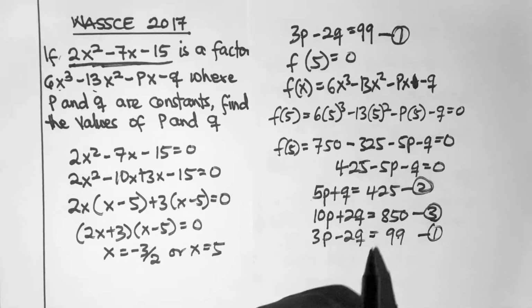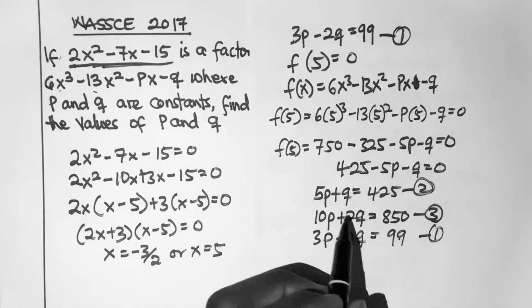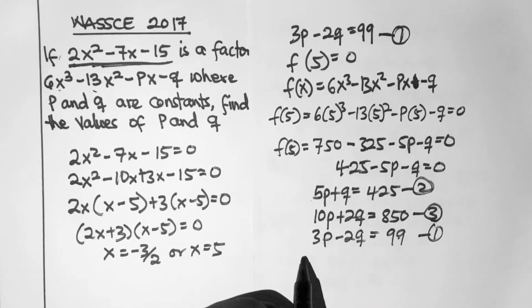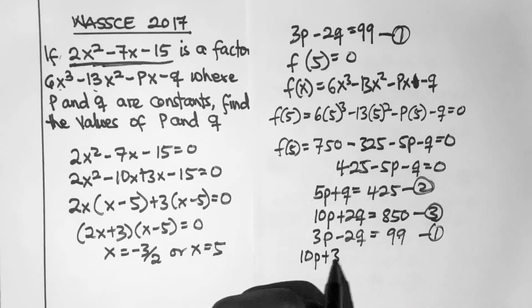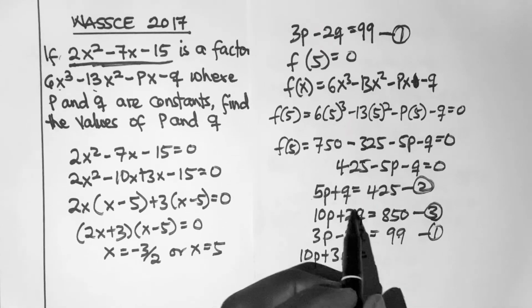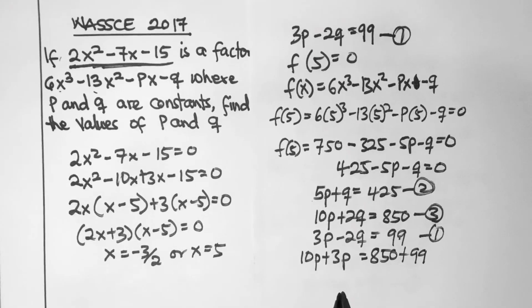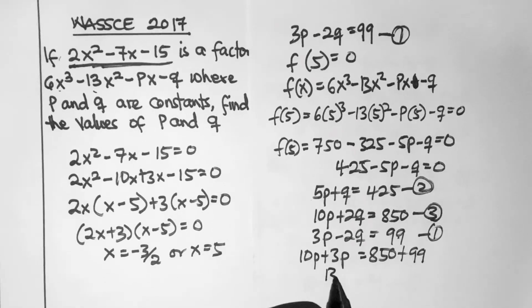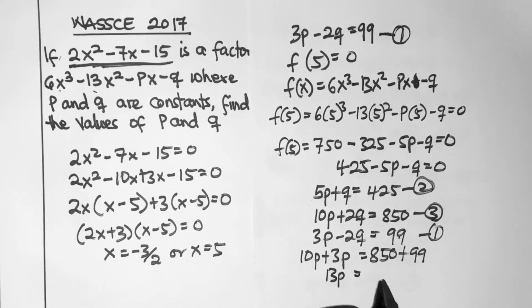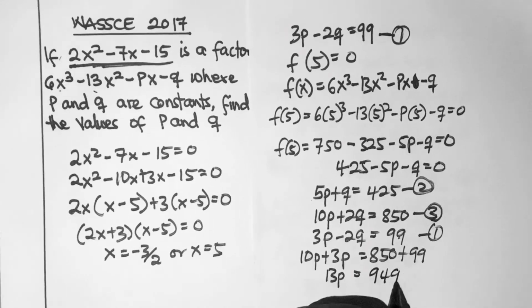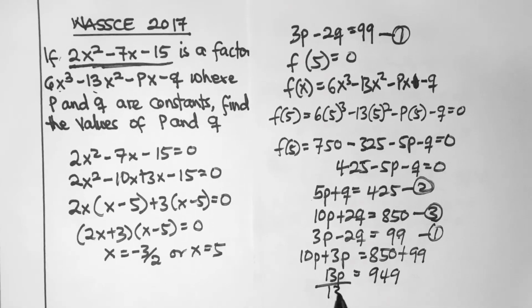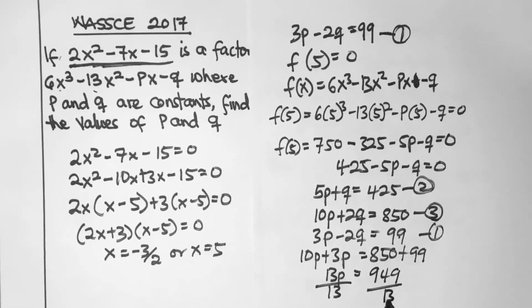Now you can see that if we add equation 1 and 3, the q part will go to 0. So it becomes 10p plus 3p equals, here goes to 0, 850 plus 99. So we will have 13p equals 850 plus 99 is 949. If we divide through by 13 and divide here 949 by 13, you find out that p is equal to 73.